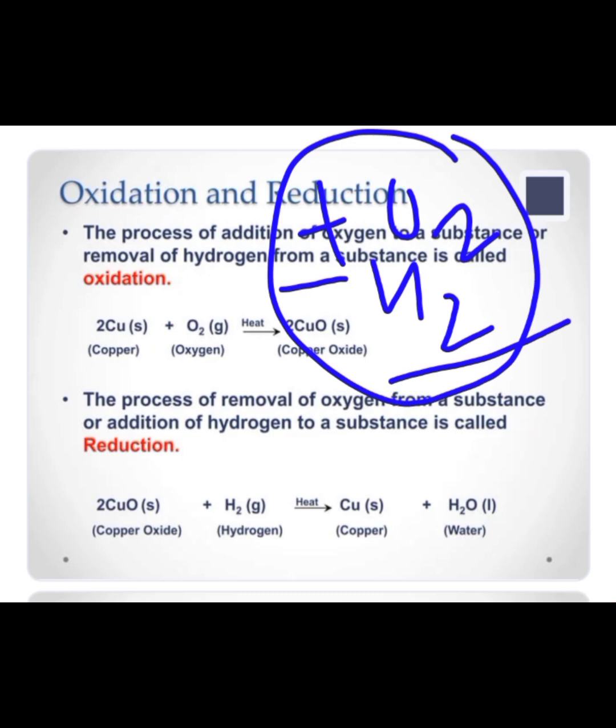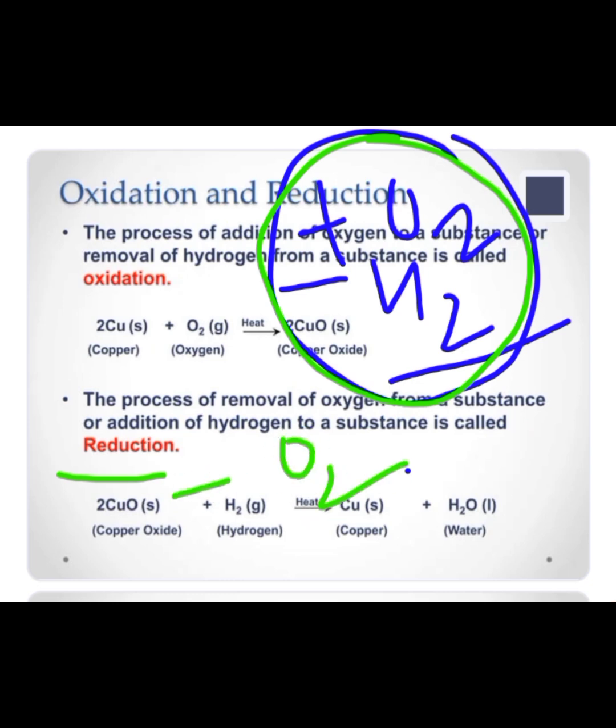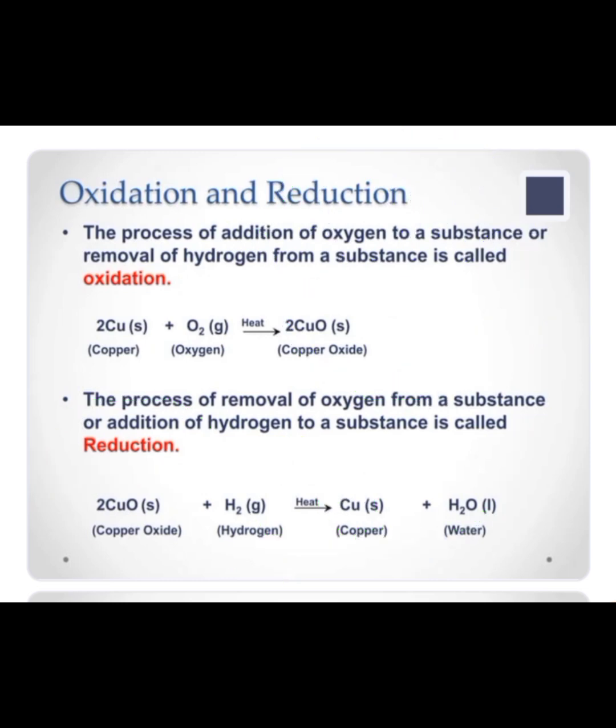If we are talking about reduction, it is just the opposite of these two statements. Removal of oxygen and addition of hydrogen during the reaction gives a reduction reaction. So let us discuss the definitions.